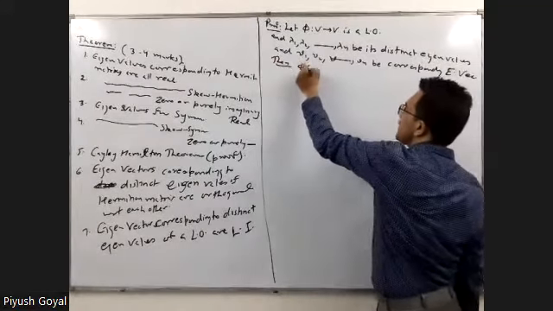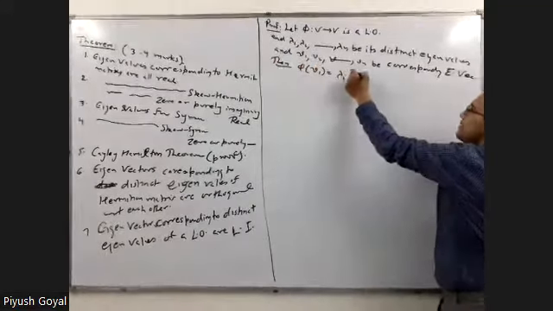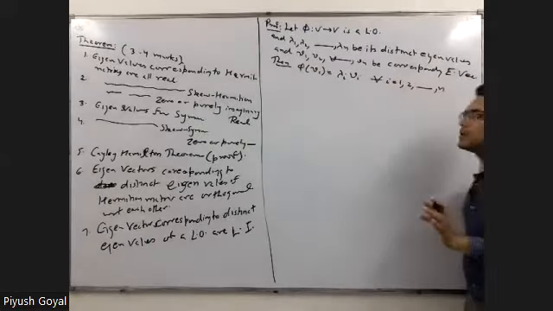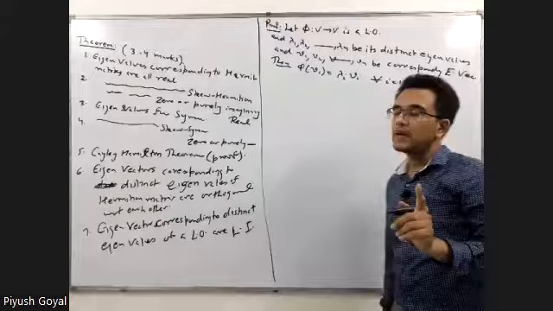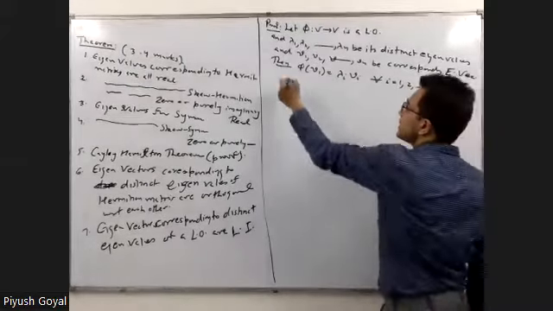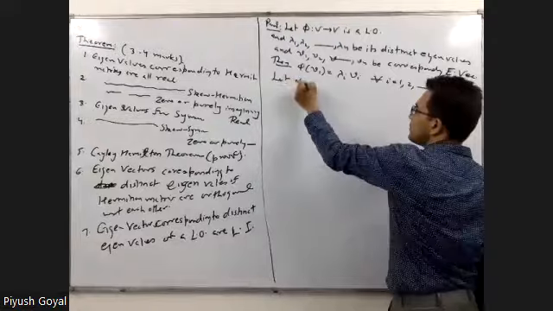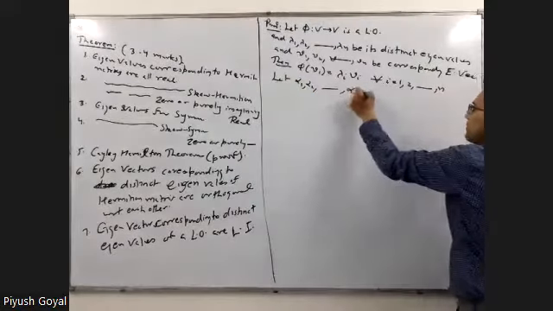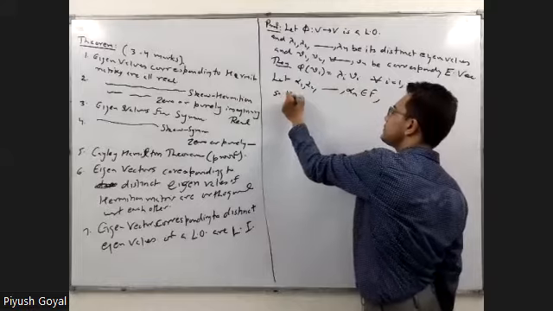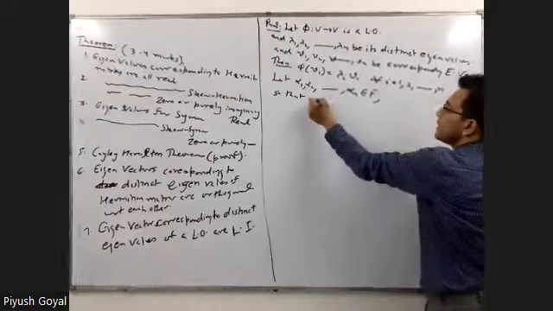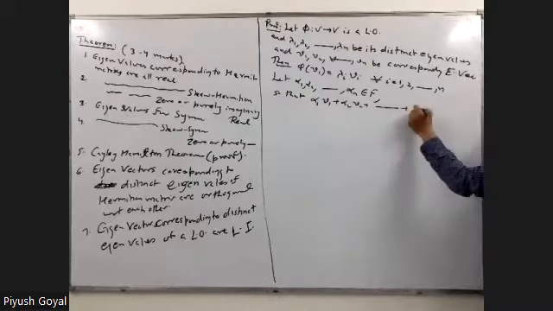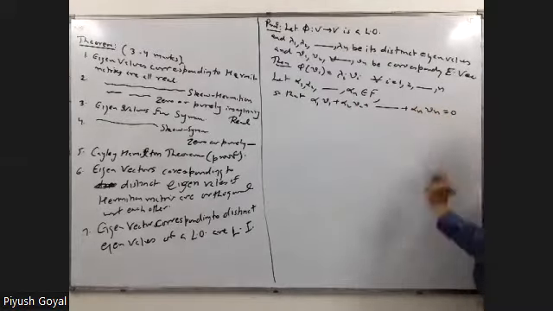Then phi vi is equal to lambda i vi for all i from 1 to n. I hope you are clear with this. Now, what we want to prove? Let alpha 1, alpha 2 up to alpha n belong to F, so that alpha 1 v1 plus alpha 2 v2 plus up to alpha n vn is equal to 0.